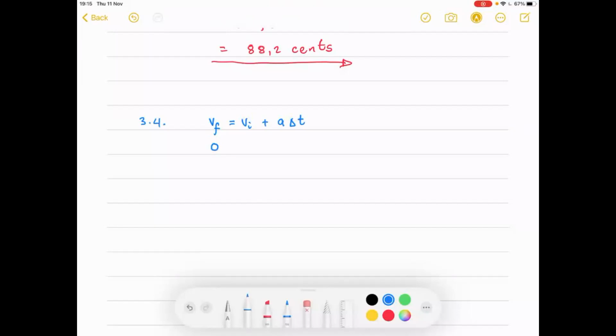It's 0, is equal to the initial velocity plus, and I must tell you that I'm taking upwards to be positive. So my acceleration, the acceleration due to gravity, is minus 9.8. And the time that it took to get to the maximum height is 0.6 seconds.